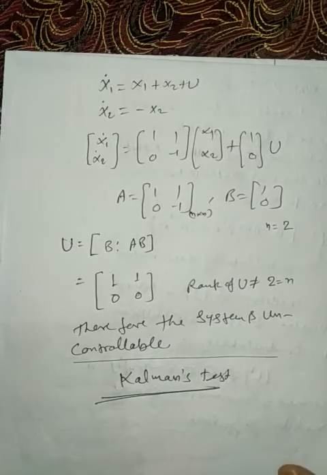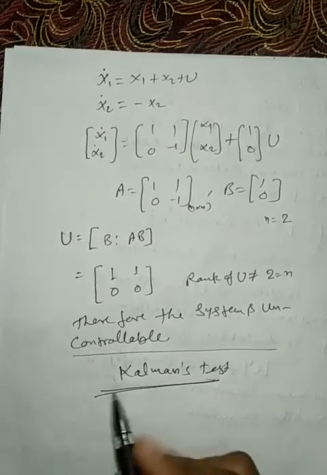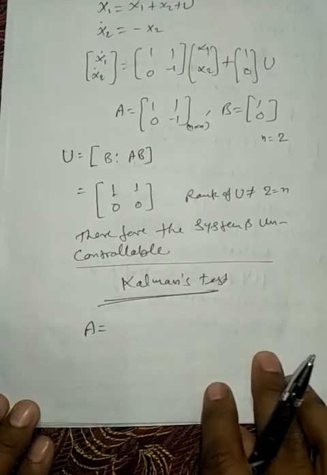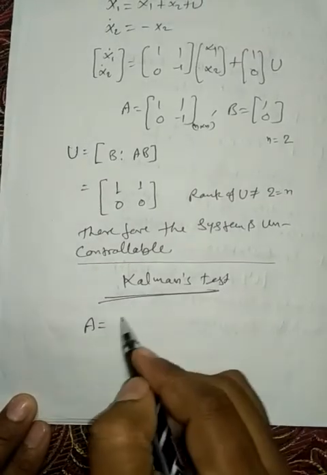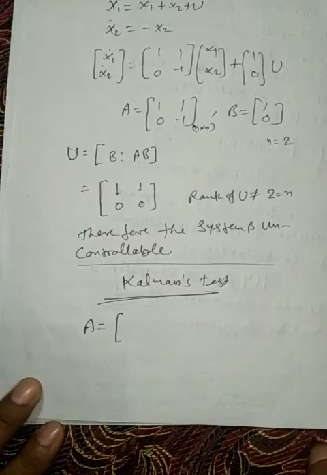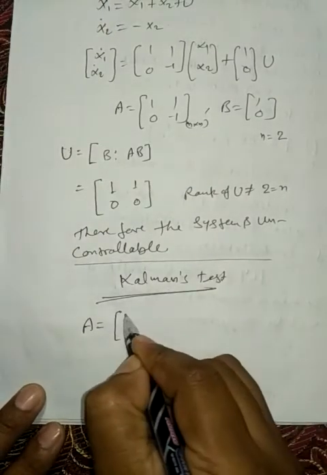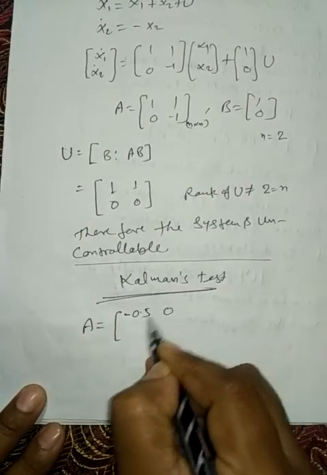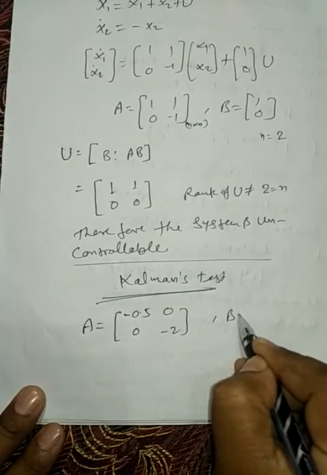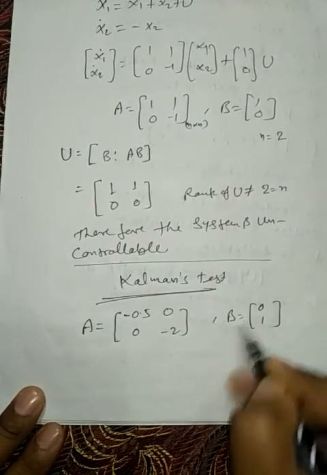Another example we have. Directly I am writing matrix A, matrix B, and matrix C. For controllability, we need only two matrices, A and B. So I am writing just two matrices: A is [-0.5 0; 0 -2], and matrix B is [0; 1].